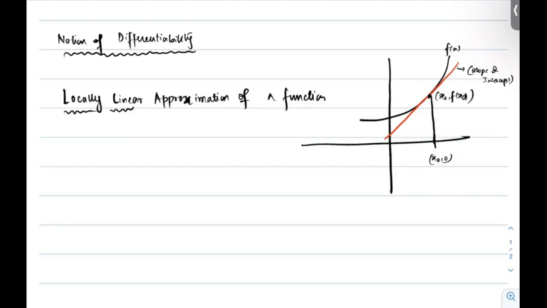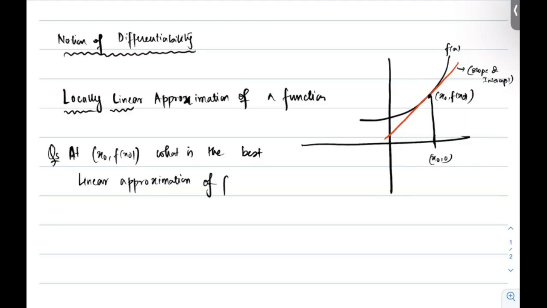So the question is: at (x naught, f of x naught), what is the best linear approximation of f(x)? This is the question we are trying to solve.